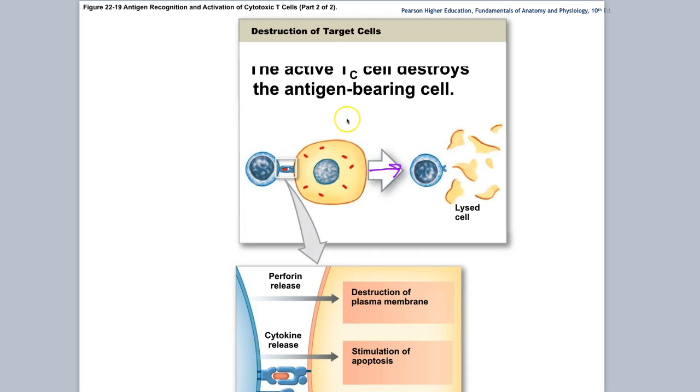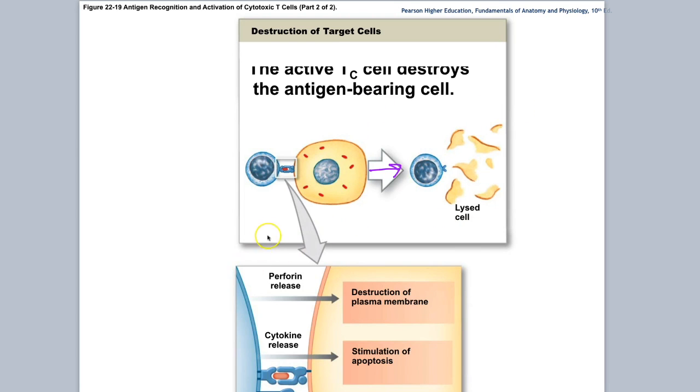Remember, this was our infected cell we just saw on the last slide. They kind of flipped the directionality of the diagram, but here we have our infected cell, and now the T cell destroys it. Here's our lysed cell. This cell has undergone cytolysis.